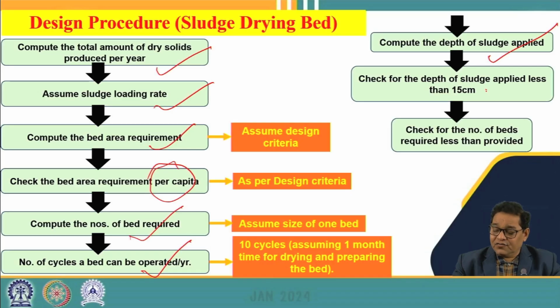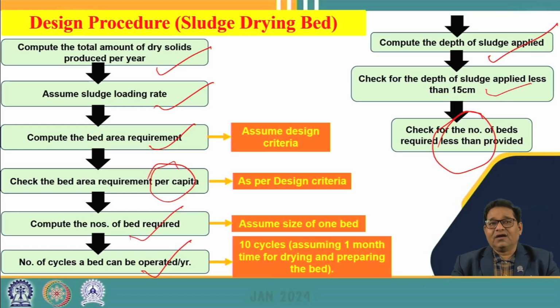And then it has to be checked that it should not exceed 15 centimeter for better performance of the sludge drying bed. And then finally we can check, as per the actual size of the bed, how much surface area is provided, and this must always be higher than the required surface area of the sludge drying bed, which we calculate using the sludge loading rate criteria.